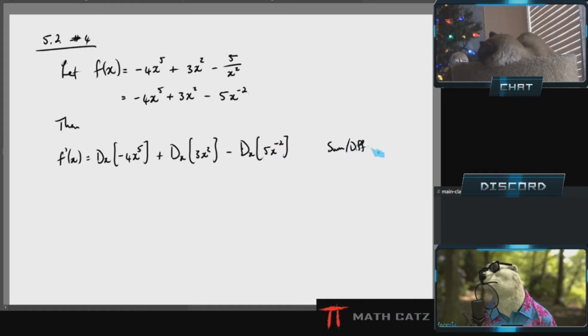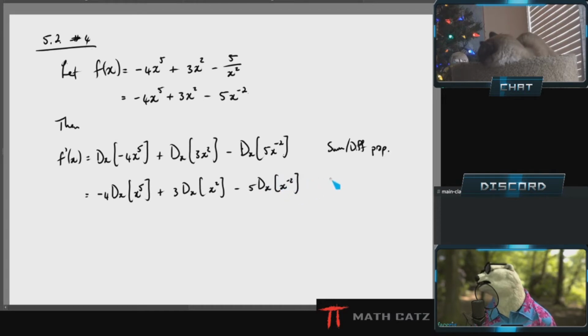I have to say what I've used, maybe just one, maybe a couple, every line. So now I'm going to leave the negative 4 up front. That's the constant times the function property that I'll just use over and over. So that's just one property, constant times a function property.